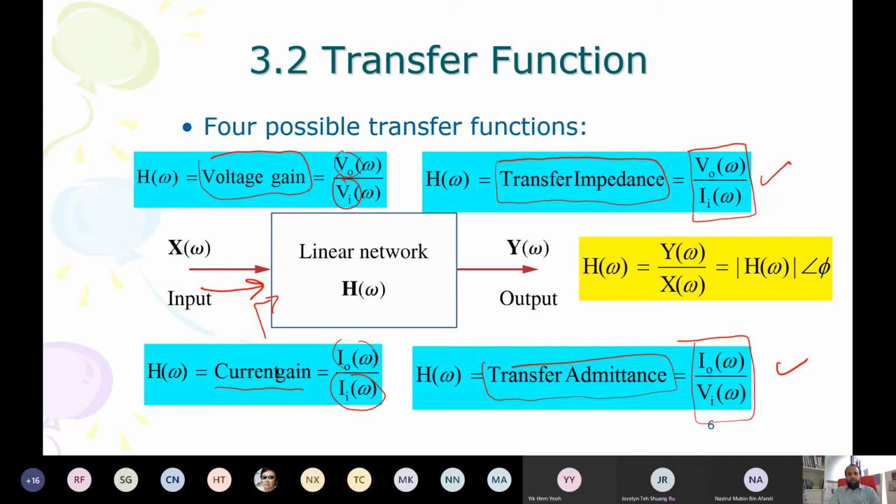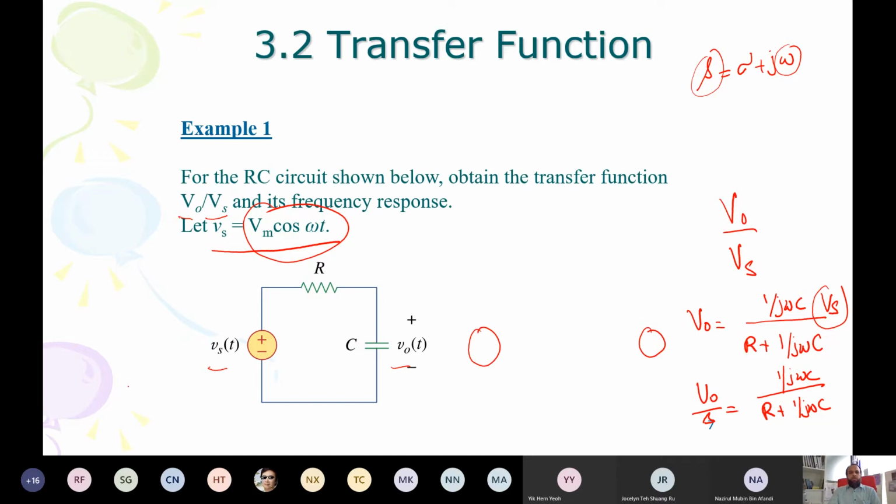Finding the transfer function is nothing but relating the output and input.